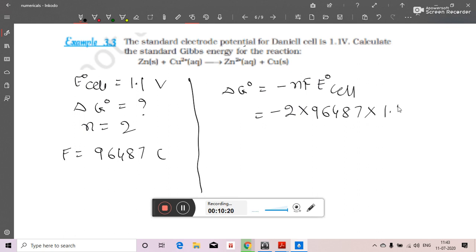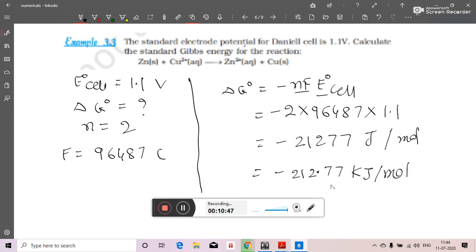So that is equal to minus 212774. Now nF is in coulomb and E naught cell is in volt, and coulomb into volt is joule. So joule per mole. Now if you want to convert it into kilojoule, it will be minus 212.77 kilojoule per mole. That is our answer.